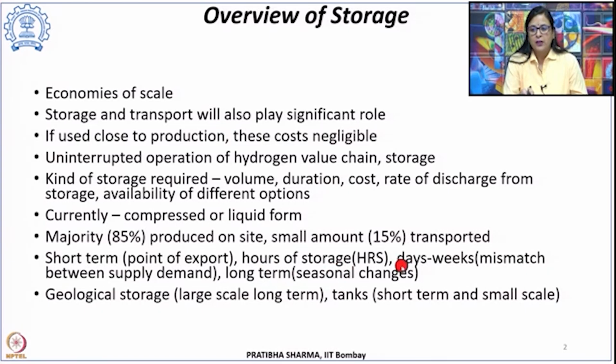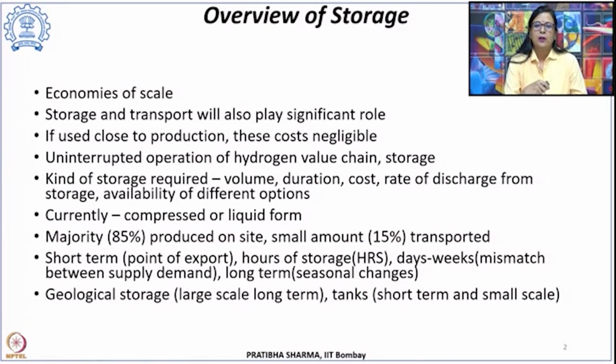We may require days to weeks of storage to bridge the mismatch between supply and demand, so that users can use it uninterrupted, or it could be large scale, long term storage, which could be used to bridge the seasonal changes and, when combined with electricity or heat demand, could provide system resilience.